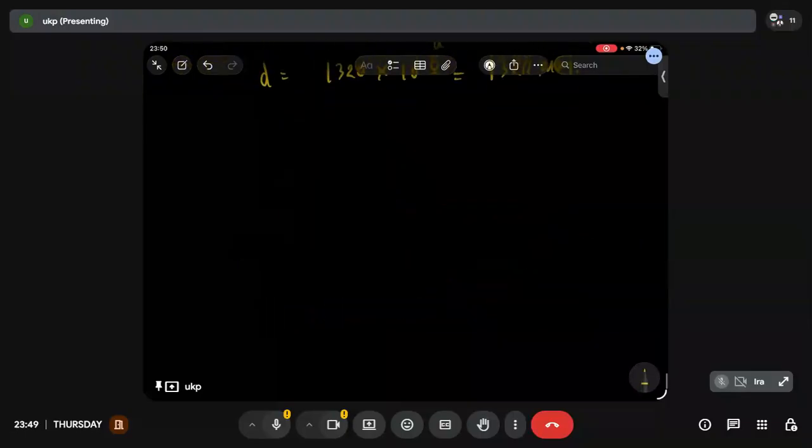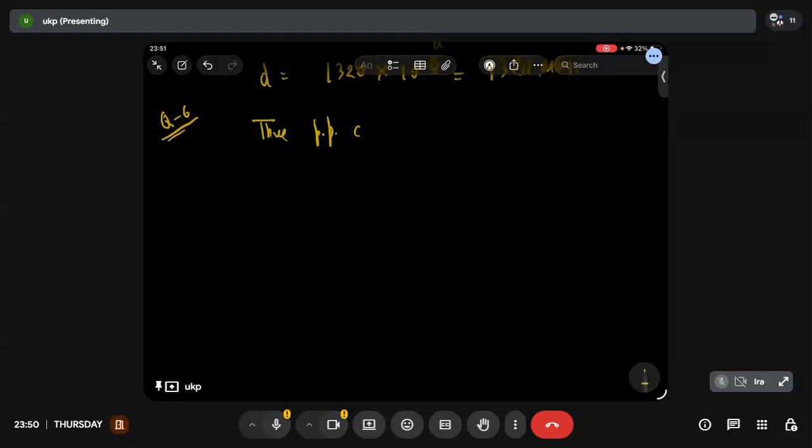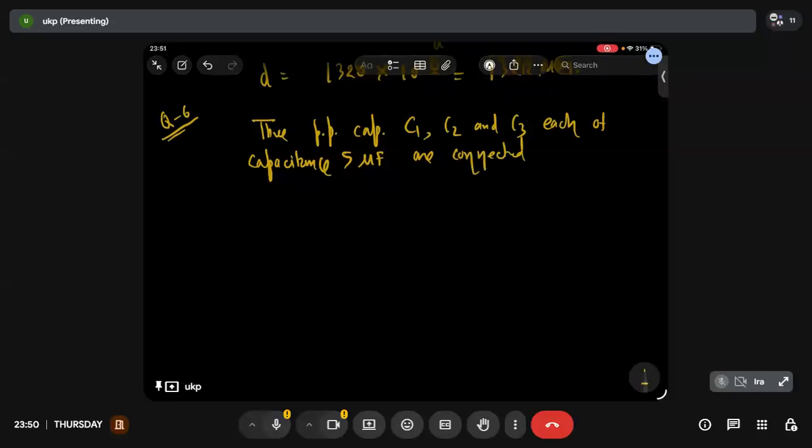We have a problem. Question number 6 of tonight. Anyone? Check question number 6. It says that 3 parallel plate capacitors C1, C2 and C3, each of capacitance 5 microfarad, are connected as shown in figure.